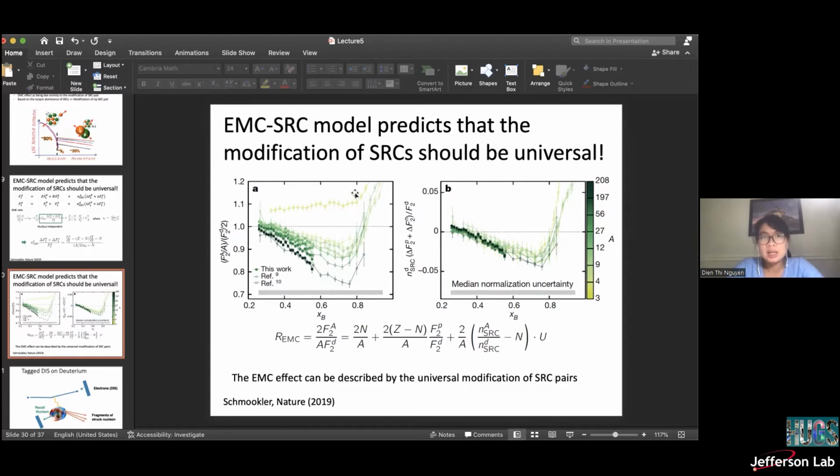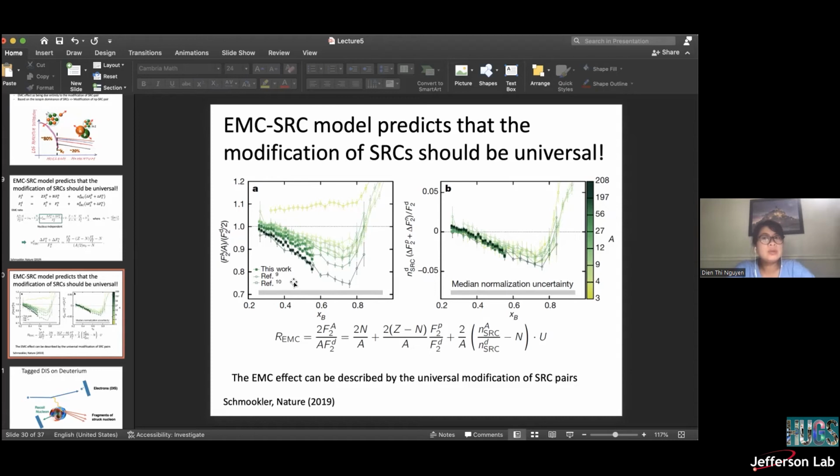You can see that all of these different ones are collapsing really nicely onto this universal function, even including this weird one here. They almost collapse to one function. And we can use this as a universal function to describe the EMC effect for different nuclei.